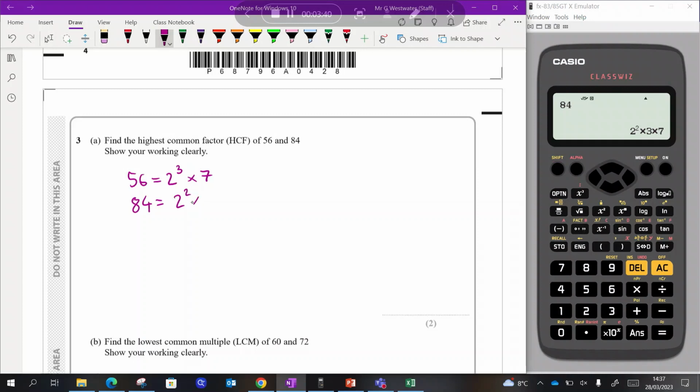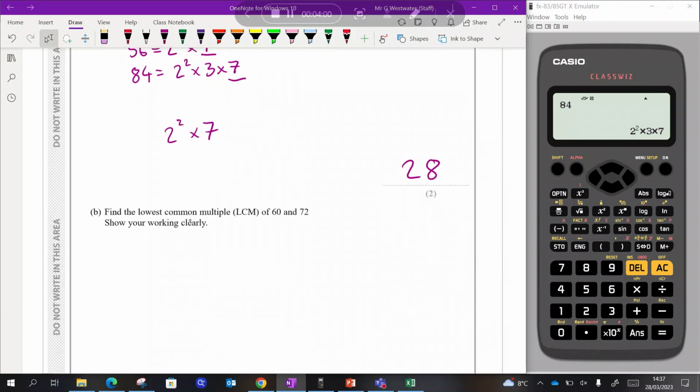So 2 squared times 3 times 7. And the highest common factor, we are looking for factors that they have in common. So they both have 7 in common, and they both have 2 squared. We would pick the lowest power of 2. So 2 squared times 7, which is 4 times 7, 28.